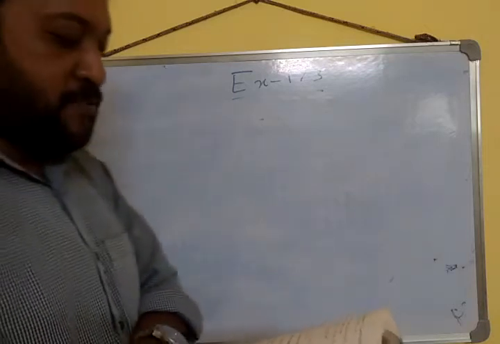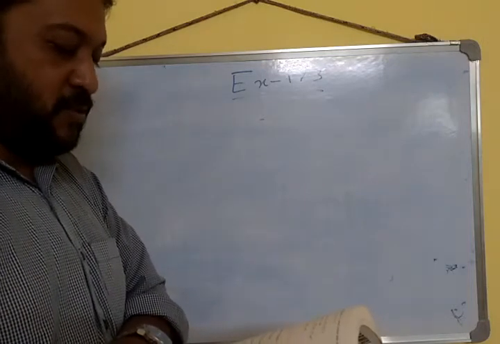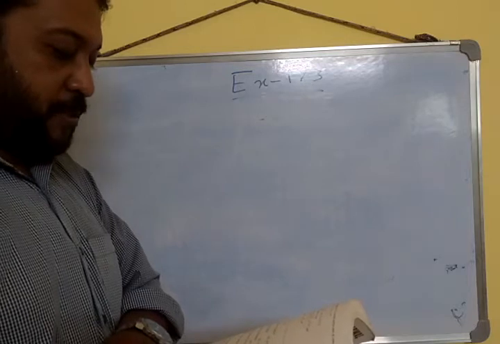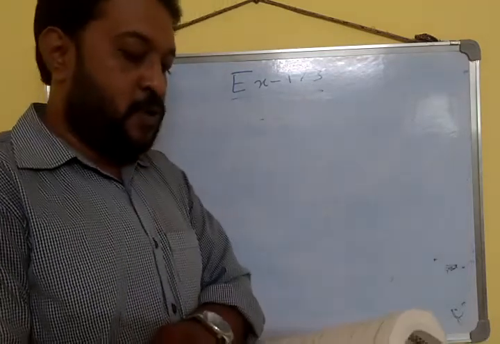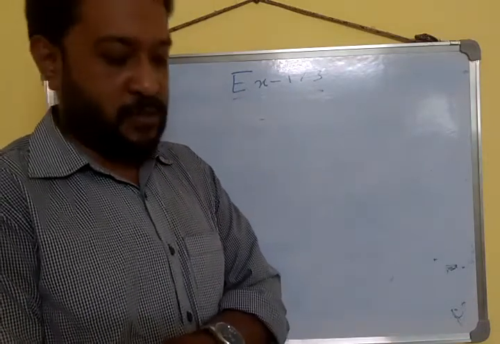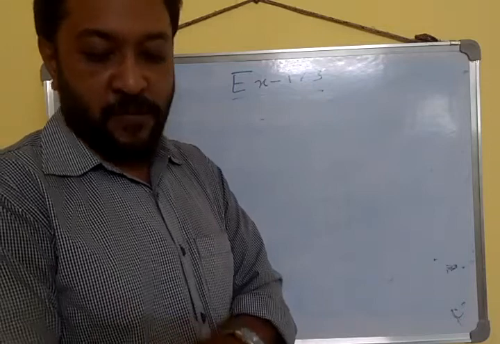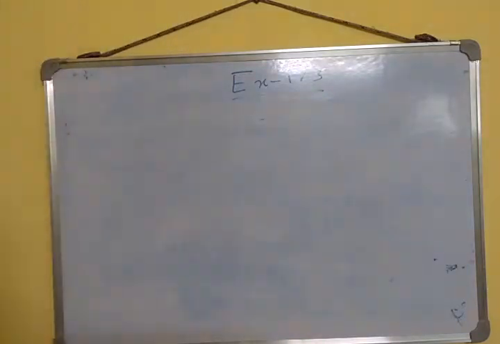Find the diameter of the sphere whose surface area is 154 centimeters square. It is also an easy one, so I am still doing it. Surface area is given, 154 centimeters square. I have to find out the diameter.